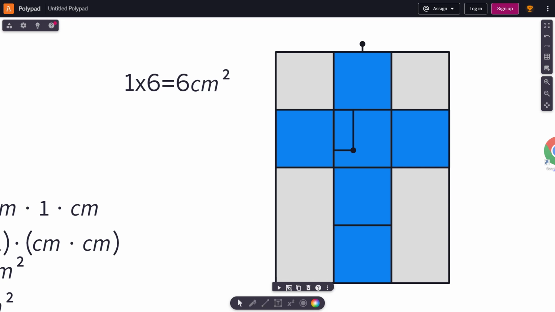Always remember units. That is pretty much it for a square. So what does the 2 times 2 mean? 2 rows of 2.